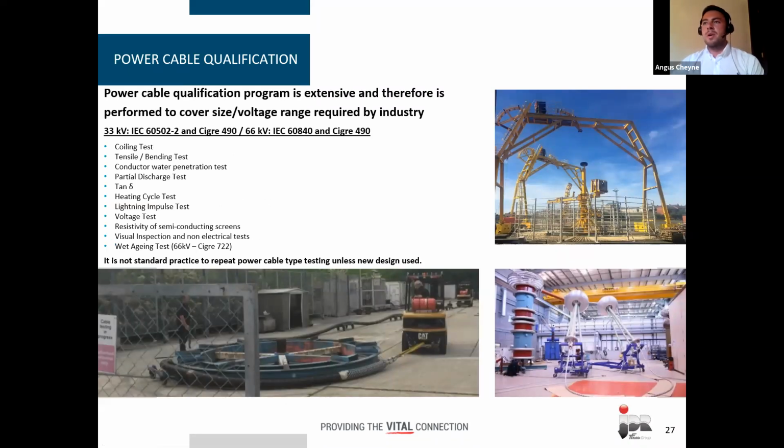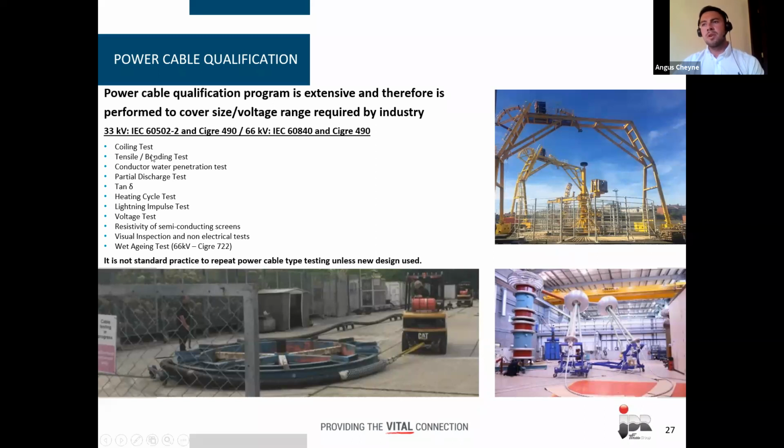And in terms of power cable qualification, the umbilical qualification is quite extensive and onerous, but the power cable is even more so. And that fact, together with the fact that cables are much more similar than the variation you get in umbilicals, means that the approach taken by industry is to qualify a particular size and voltage, and then anything less than that size or voltage is therefore covered within that design envelope.